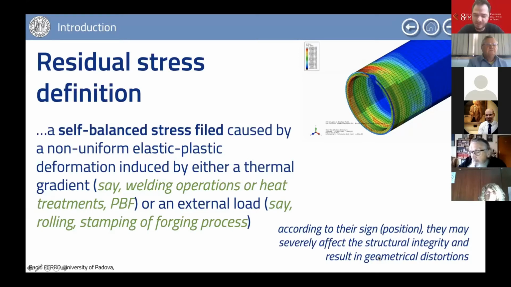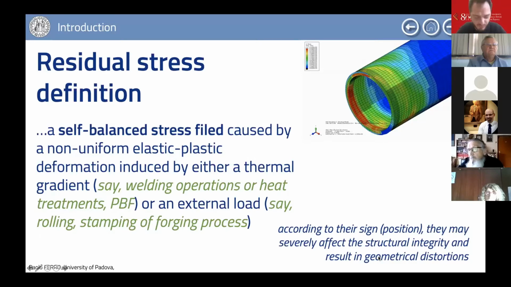And also manufacturing processes like, for example, rolling, stamping, or forging, in which we have an external load that deforms and induces a non-uniform plastic deformation through the cross section of the component, inducing, of course, the residual stress field.